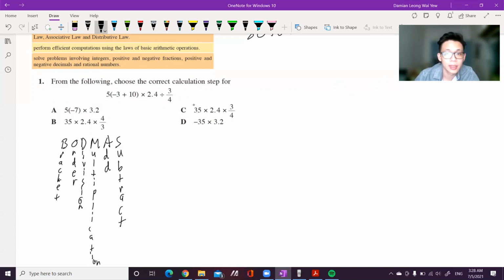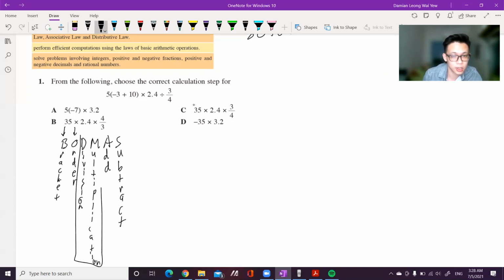Bracket means anything inside the bracket, we have to do it first. O is order. Order doesn't mean the order is arranged; order actually means your power. For example, if I have 3 square, I have to square it first, or if I have a cube, I have to cube it first. So it's always bracket first, and order.